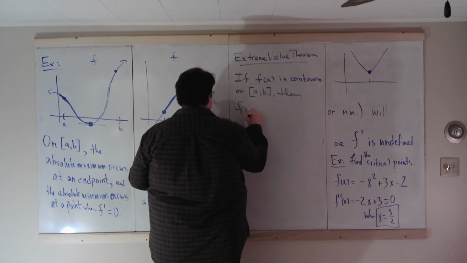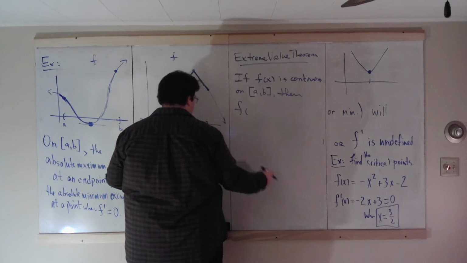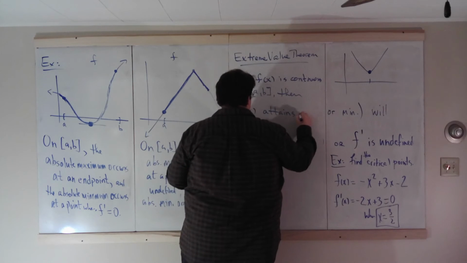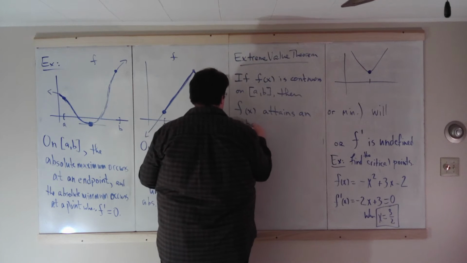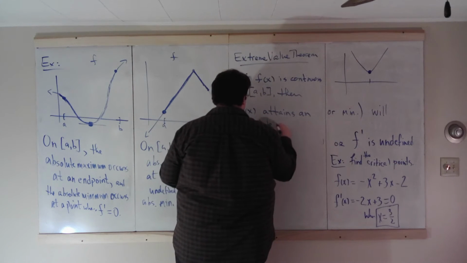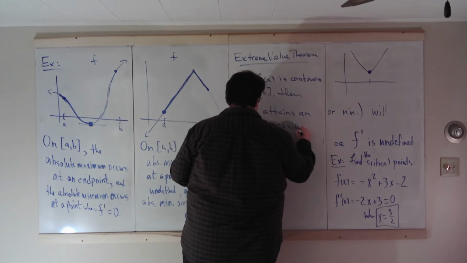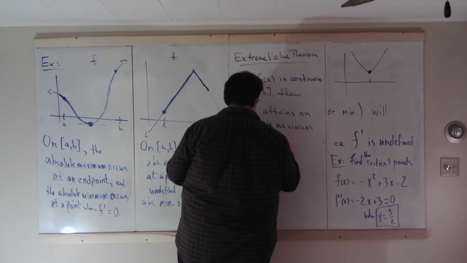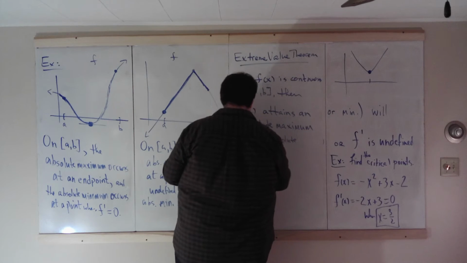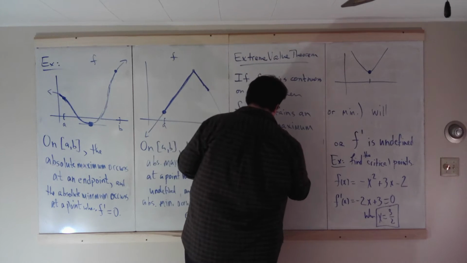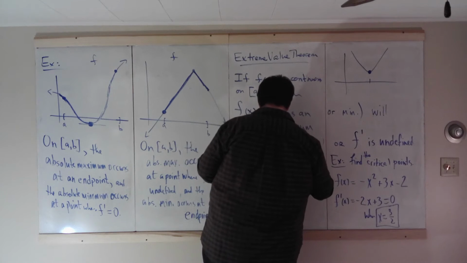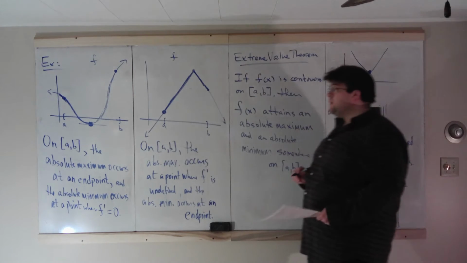Then f of x attains an absolute maximum and an absolute minimum somewhere on the interval A to B, possibly including endpoints.